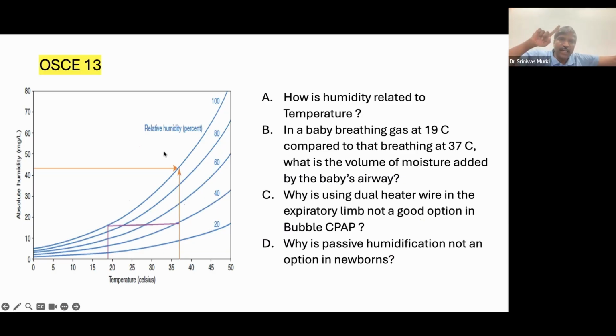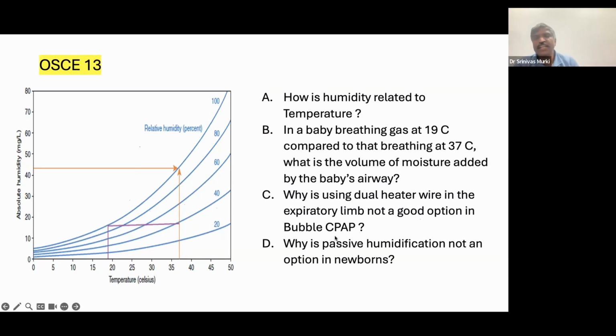So when there is water condensate in the expiratory limb, drop by drop it will fall into the bubble chamber and compensate for the evaporative losses. It will never increase the level, because when the level increases, the excess water will fall into the side chamber. Okay. So avoid using heater wire in the expiratory limb whenever you're using bubble CPAP.